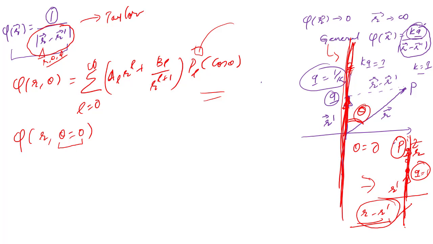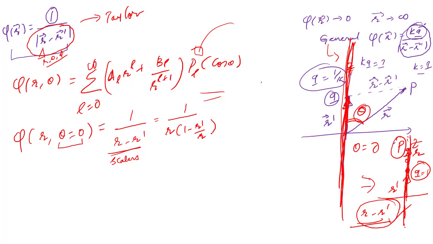That's what you should take note of. So in this case, this would simply be 1 over r minus r prime. Once again, these are scalars, no vectors here, because we are along the same axis. Then I could write this as 1 over, pulling out r as a common factor, 1 minus r prime by r.